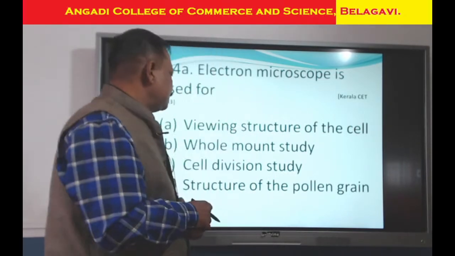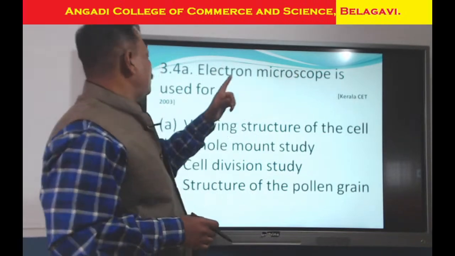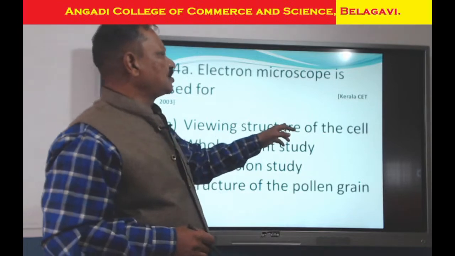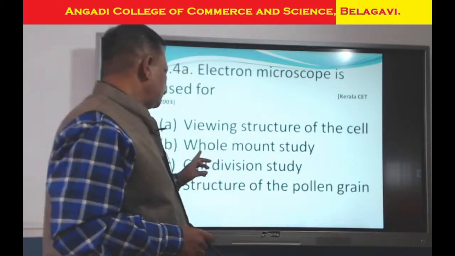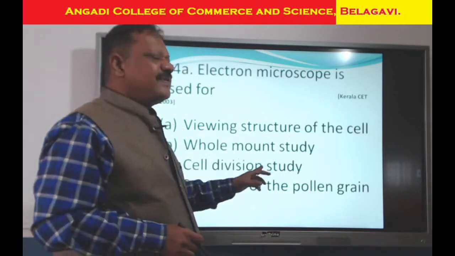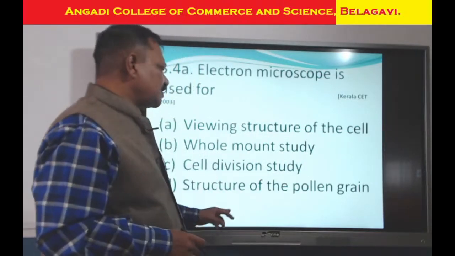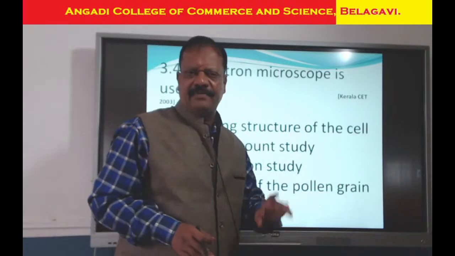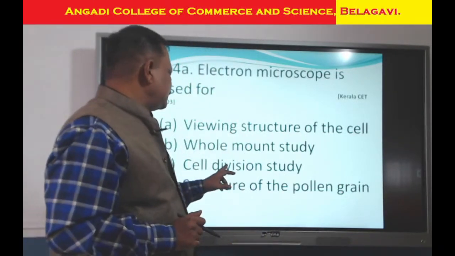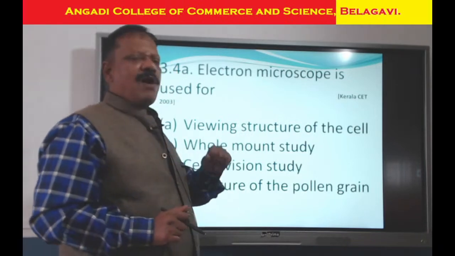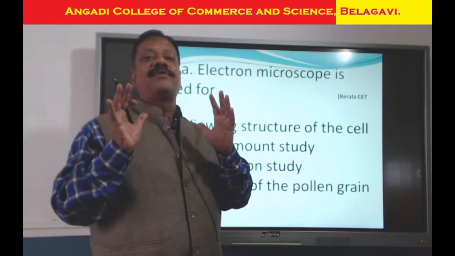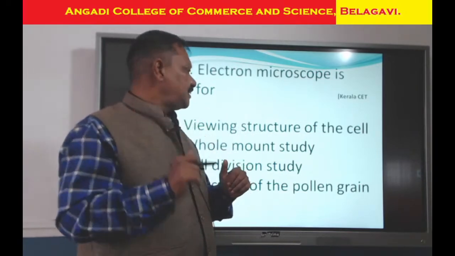Now here, the electron microscope is used for viewing the structure of the cell, whole mount study, cell division study, and structure of the pollen grain. When you observe these materials, the image will be very big.